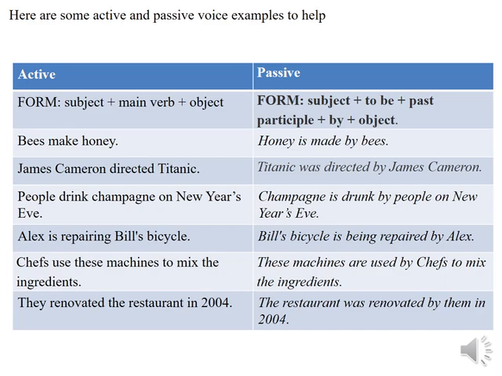Directed is past tense, so we cannot use present tense in passive. Under the be verb, what we must use must be past tense. You cannot say Titanic was by James Cameron. So directed now is the past participle, by is a preposition, and James Cameron is the object. People drink champagne on New Year's Eve.